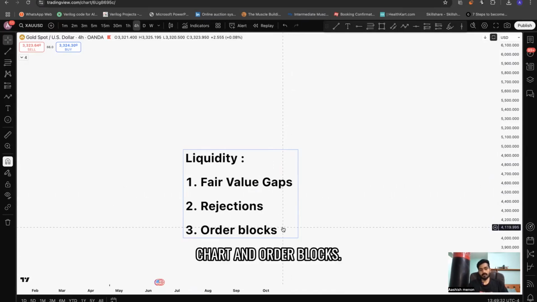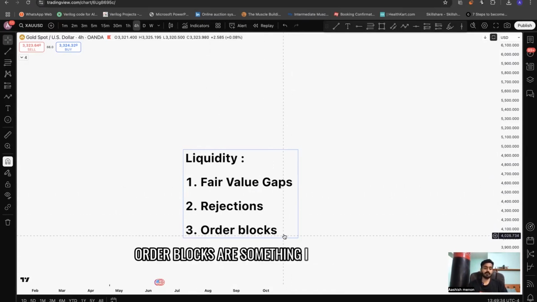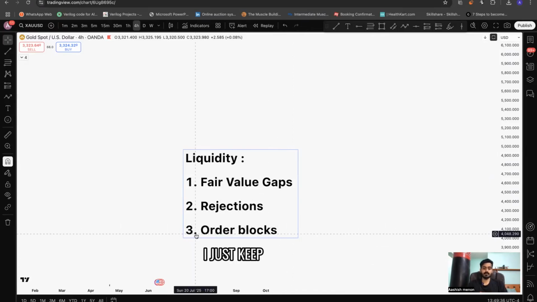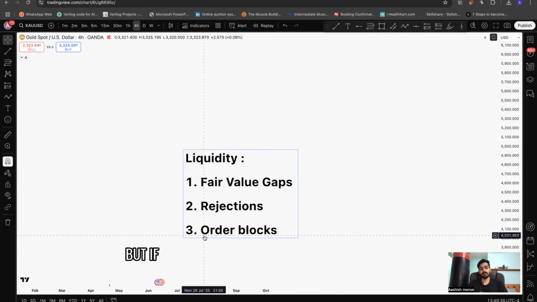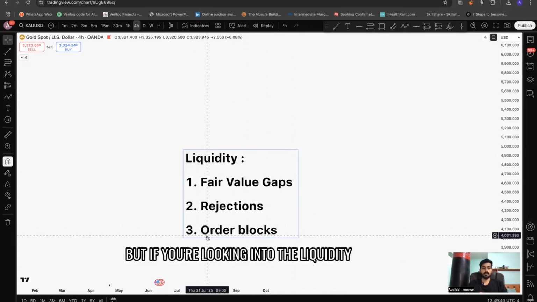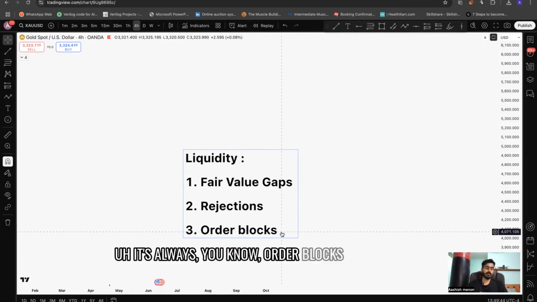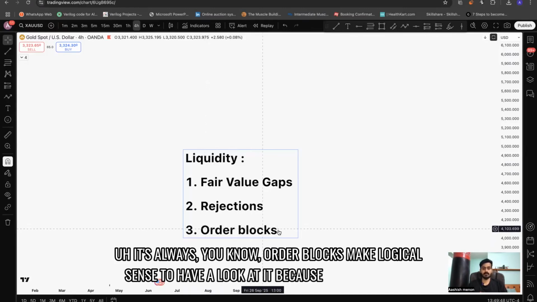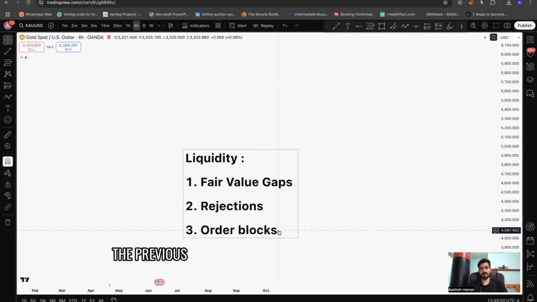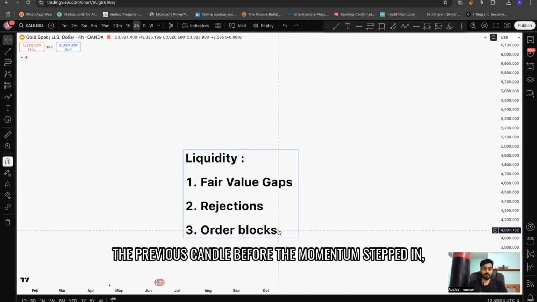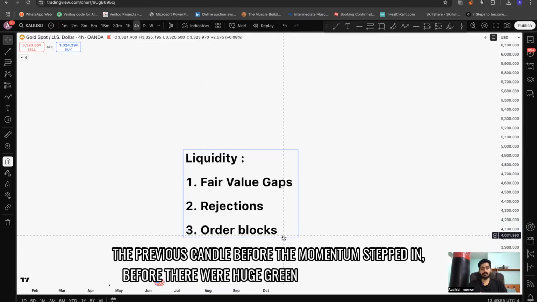And order blocks. Order blocks are something I don't use often. I just keep a look at it. But if you're looking into liquidity concepts, order blocks make logical sense to have a look at, because an order block is the candle right before the momentum stepped in, before there were huge green or red candles.